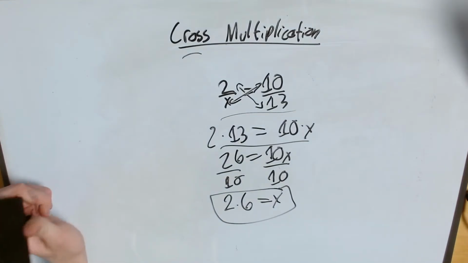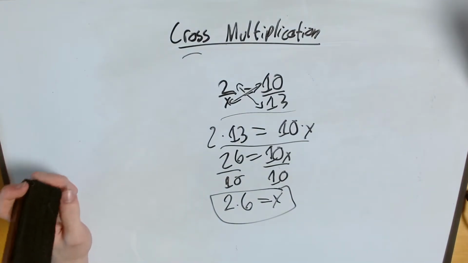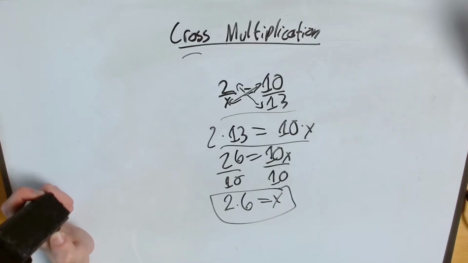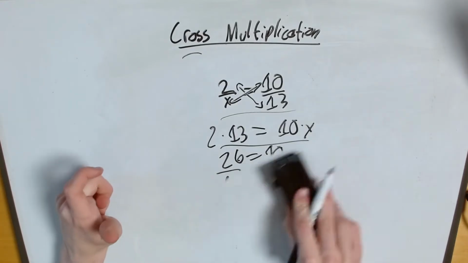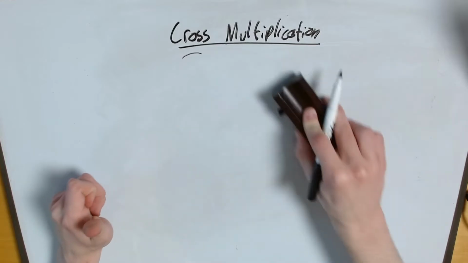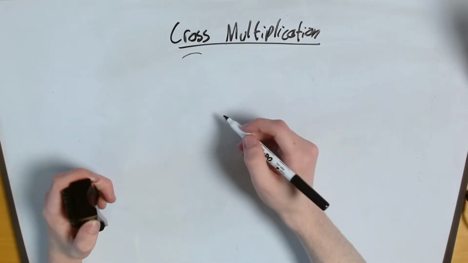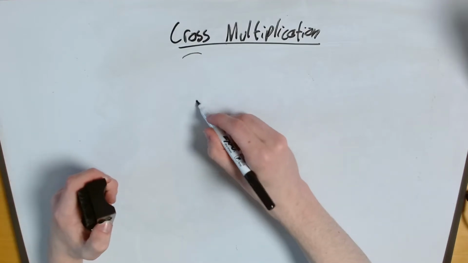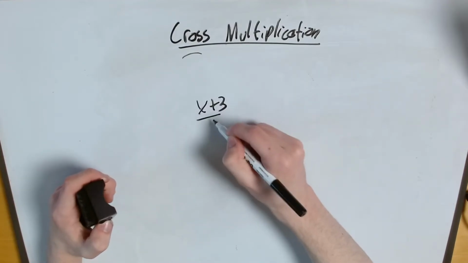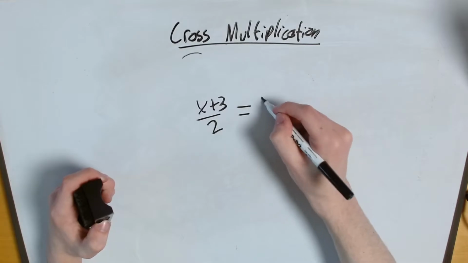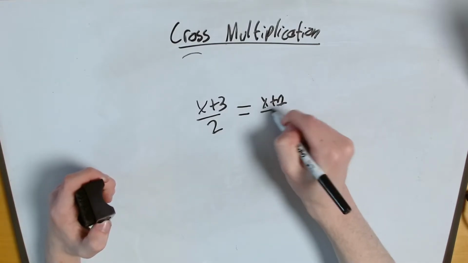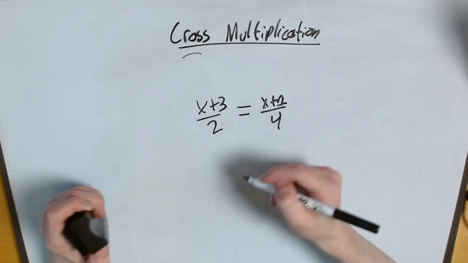You might say, okay, that's pretty simple. Is that all cross multiplication can be used for? No. It can be especially useful when you have two fractions that have the same variable. For example, say we're dealing with something like x plus 3 over 2 is equal to x plus 1 over 4. We have to solve for x.